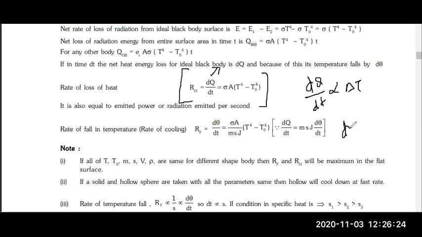But in this case, dQ by dt is basically not delta T, it is T1 to the power 4 minus T2 to the power 4. It's not delta T to the power 4. That's wrong. Delta T to the power 4 is not correct. That you have to understand. I hope all of you understood this.